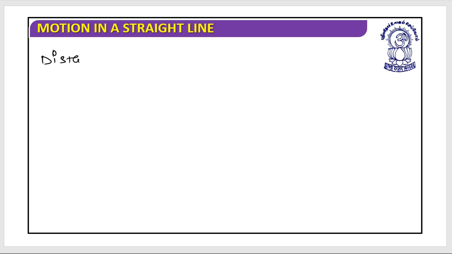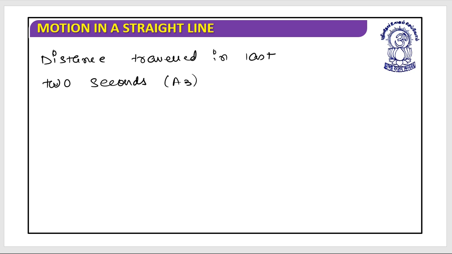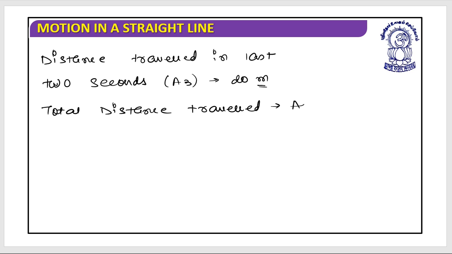Distance traveled in the last 2 seconds is basically area 3. In my graph it was 20 meter. And total distance traveled should be equal to area 1 plus area 2 plus area 3.